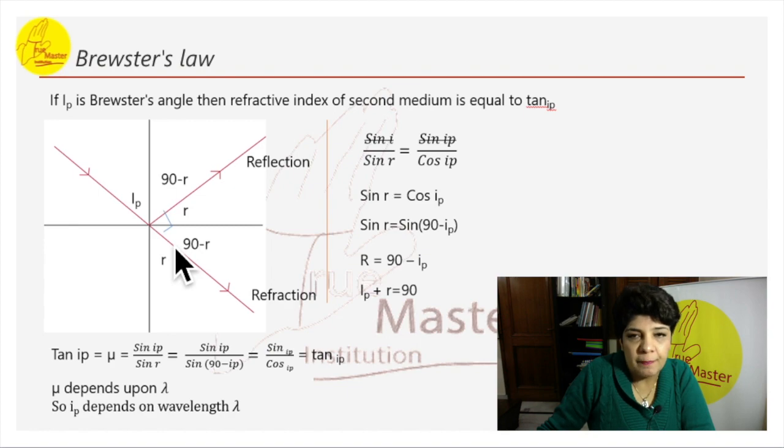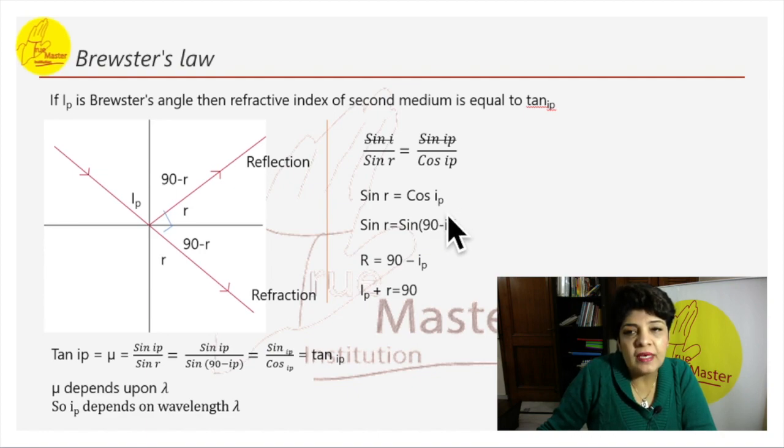And tan IP will be equal to sin IP by cos IP, or we can say sin IP by sin (90 minus IP). We are actually trying to derive how this is 90 degrees. Sin I by sin R equals sin IP by cos IP. Here the sin IP cancels on both sides, so we have sin R equal to cos IP.